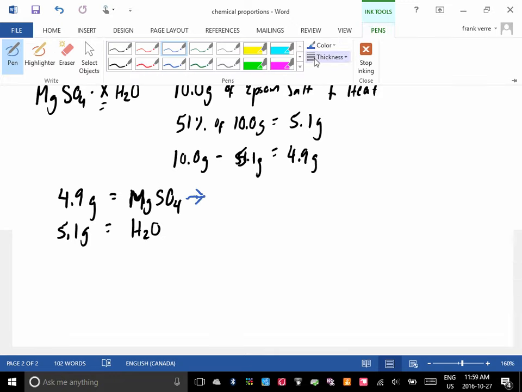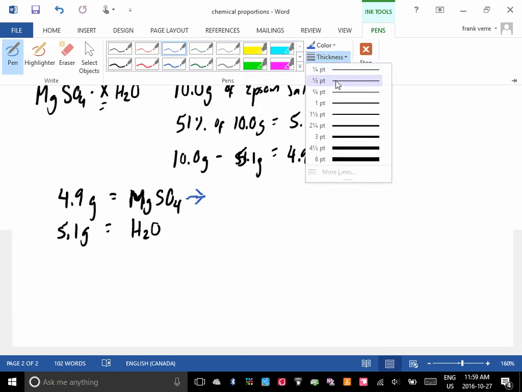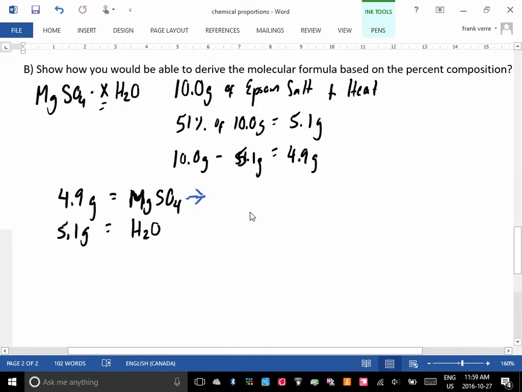How would you figure out the number of moles that 4.9 grams represents? Yeah, Nora? n equals mass over molar mass, so it's 4.9 over, now what's the molar mass of magnesium sulfate?